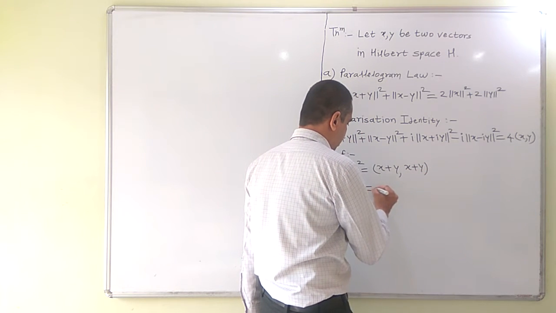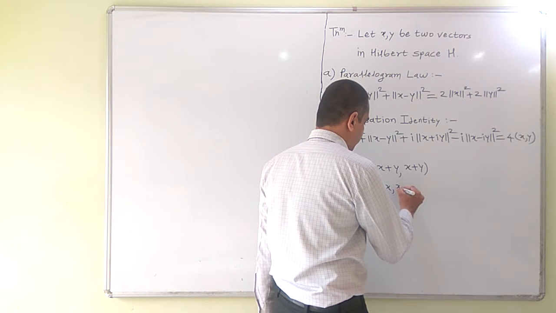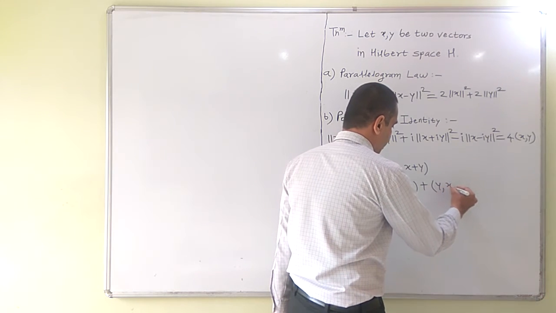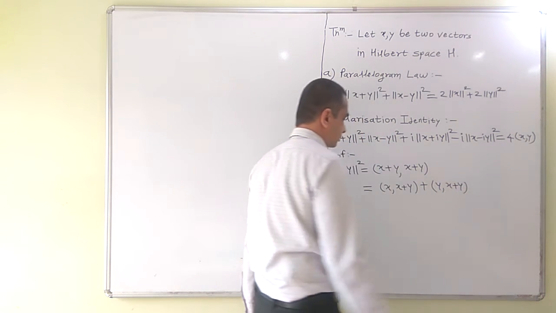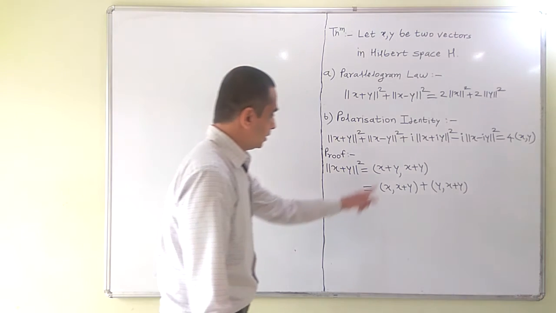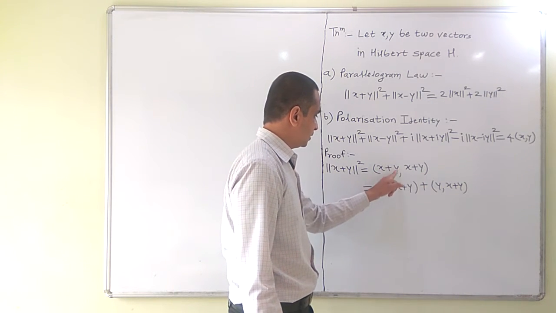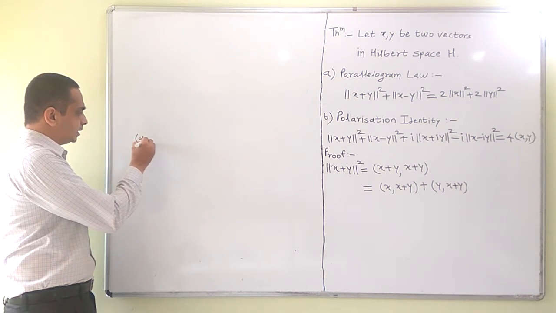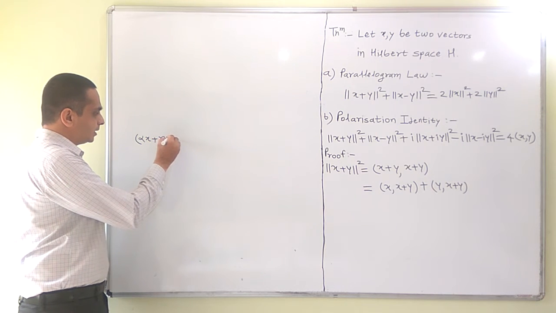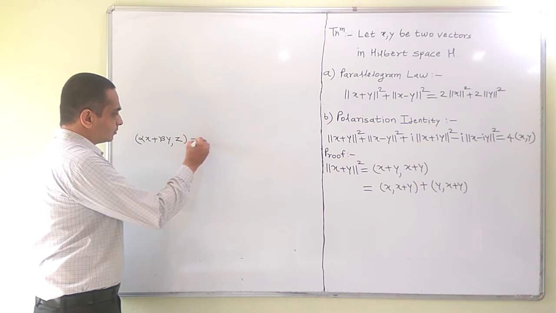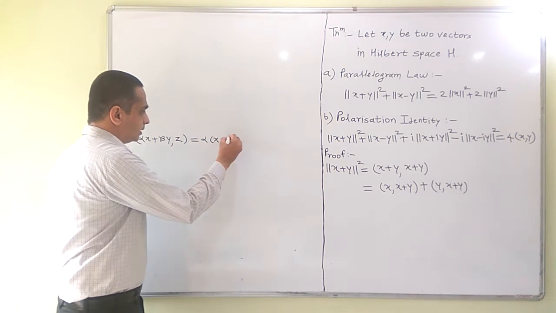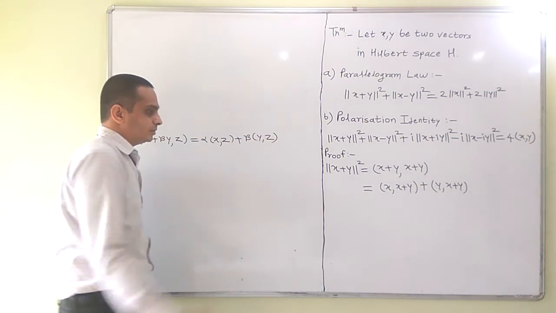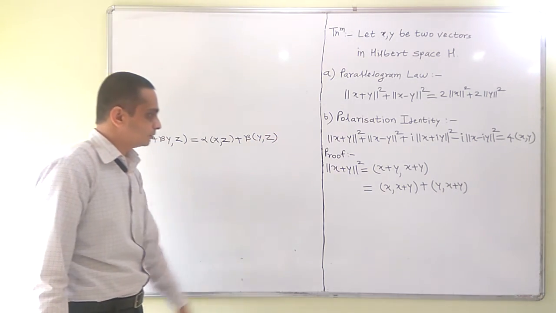This is equal to, on simplification, inner product of x with x plus y plus inner product of y with x plus y. So basically we are using this property: inner product of alpha x plus beta y with z equals alpha inner product of x z plus beta inner product of y z. This property we are using.